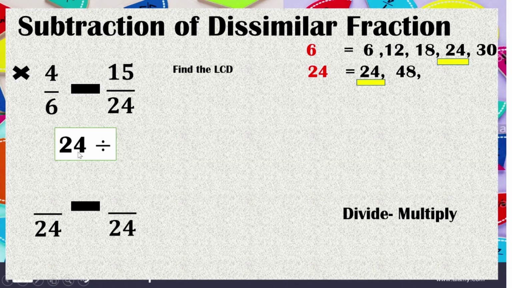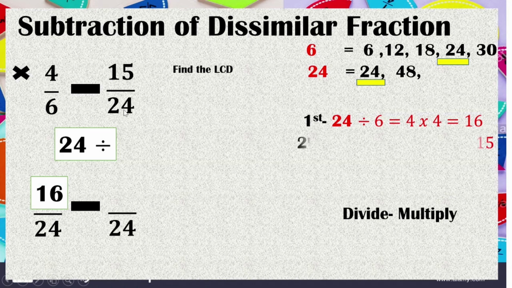Again, we are going to divide and multiply. 24 divided by 6 is 4 times 4 is 16. And then next, 24 divided by 24 is 1 times 15 is 15. So, meron na tayong 16 over 24 minus 15 over 24. They are already similar fractions.